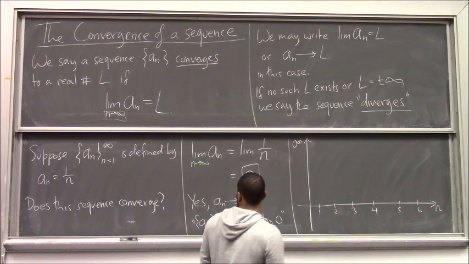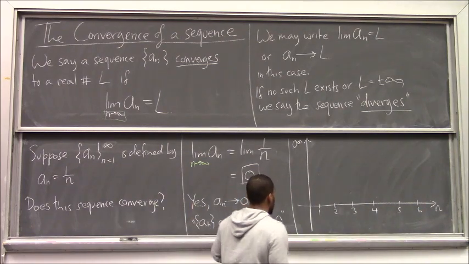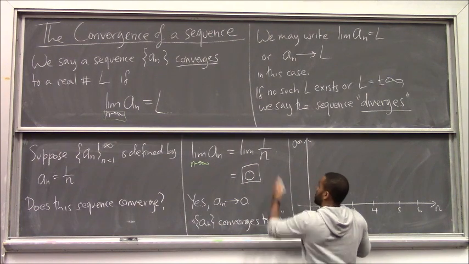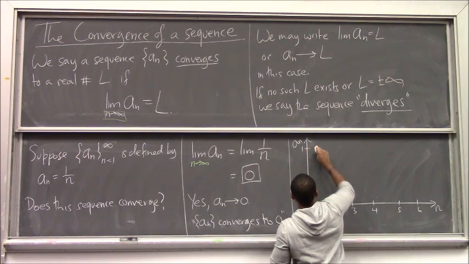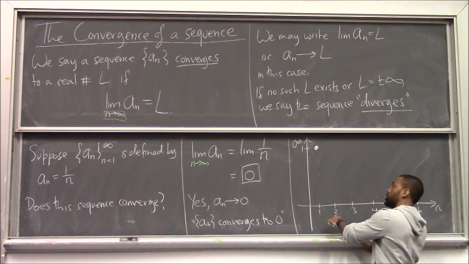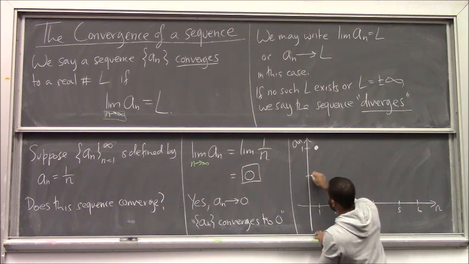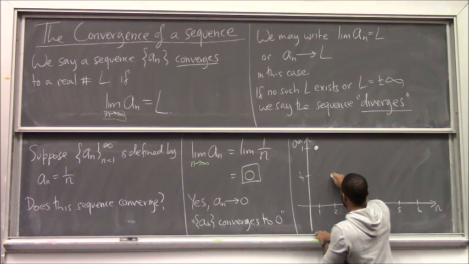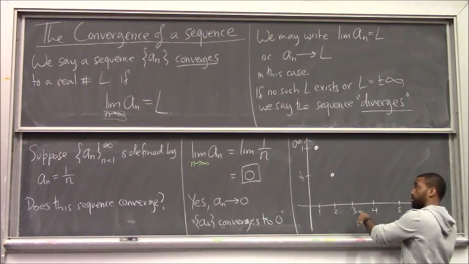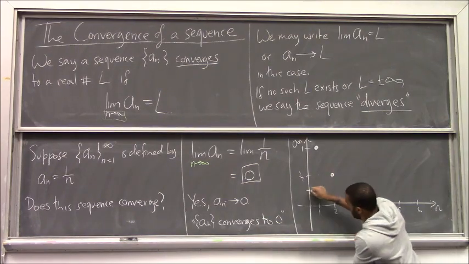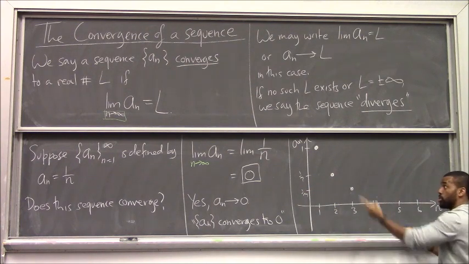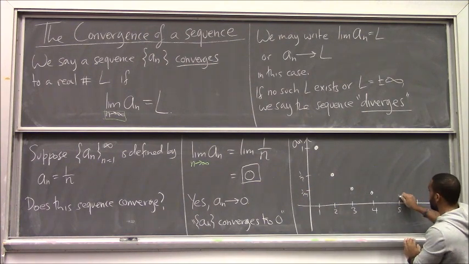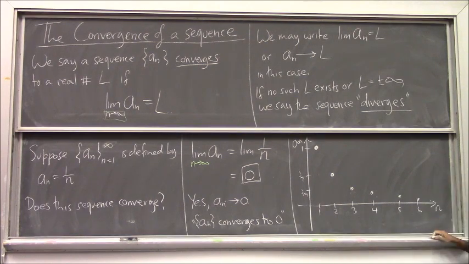The outputs are just going to be the values of this thing. So when n equals 1, you plug it in here, you get 1. When n equals 2, you get a half. When n equals 3, you get a third. Then when n equals 4, you get a quarter, then a fifth, then a sixth, and so on and so forth.